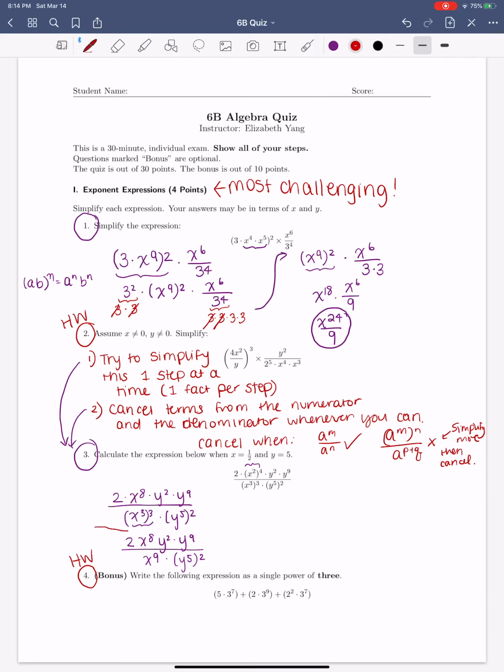So on the top, we have x times x, so on, 8 times. And in the denominator, we have x times x times x, 9 times. So if we cancel them, we're going to end up with no more x's in the numerator, but a single x in the denominator.